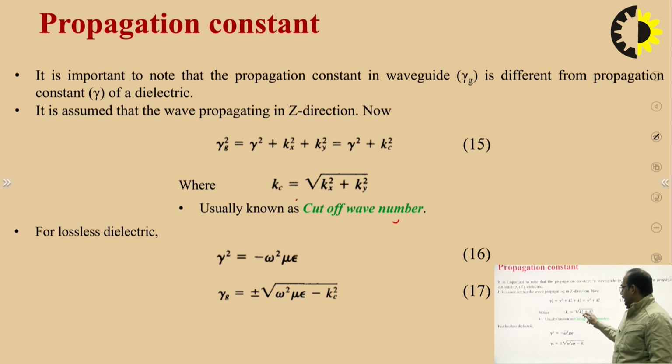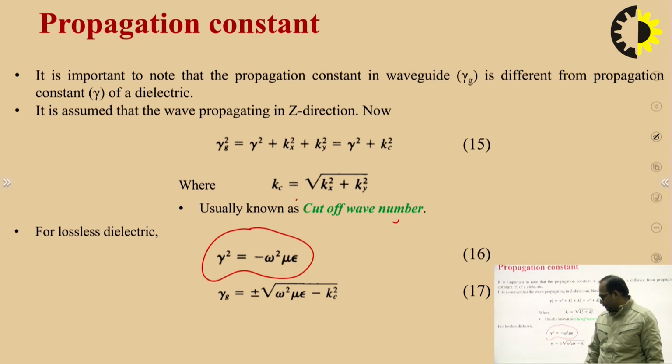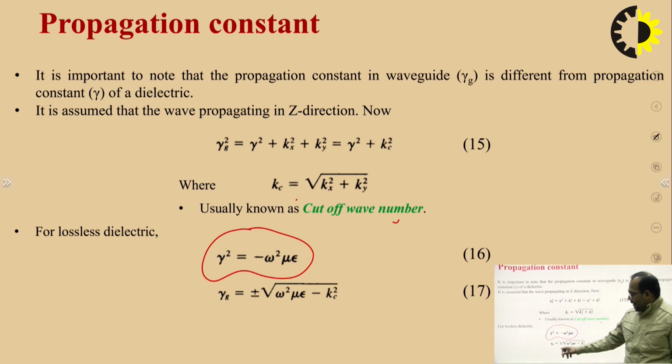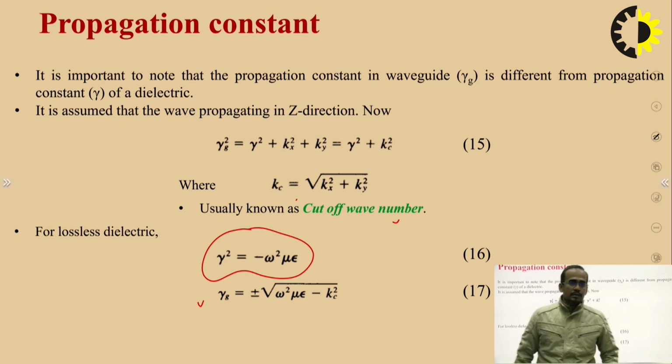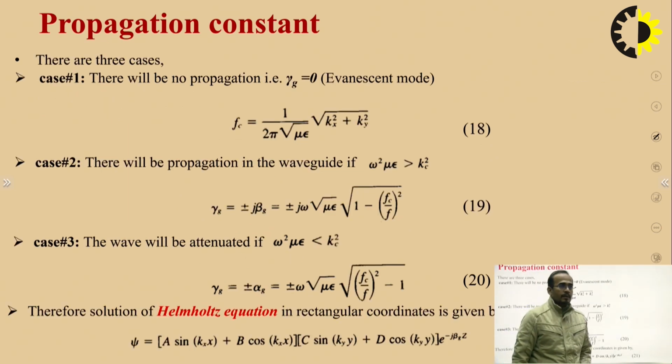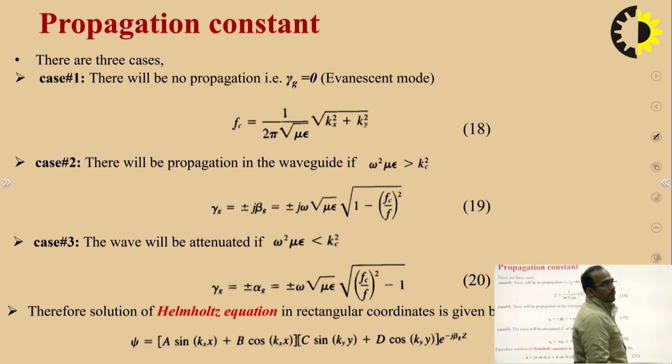Kc is equal to under root kx square plus ky square, and for lossless dielectric I will consider here gamma square is equal to minus omega square mu epsilon, and then gamma z will be equal to plus minus under root of kc square minus omega square mu epsilon. So these are the cases where I will consider the propagation constant.